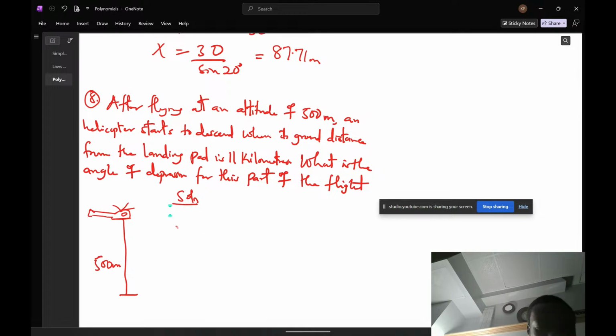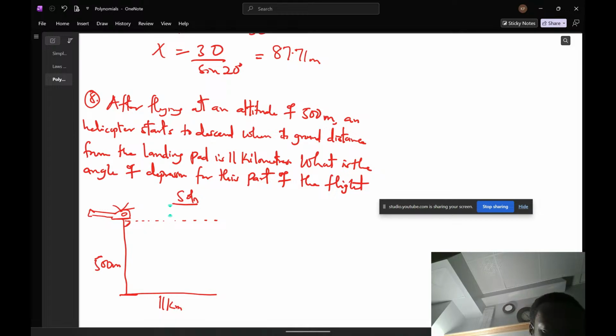Okay. So it says that from this place, its ground distance from the landing pad is 11 kilometers. So this place to this place is 11 kilometers. And it asks, what is the angle of depression? Let's say this is the line of sight, and this is the angle of depression.